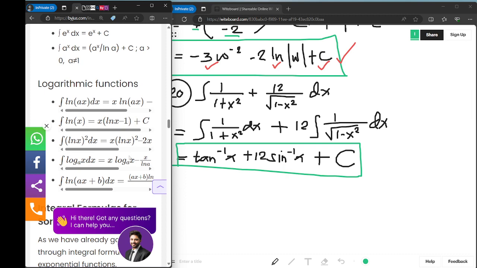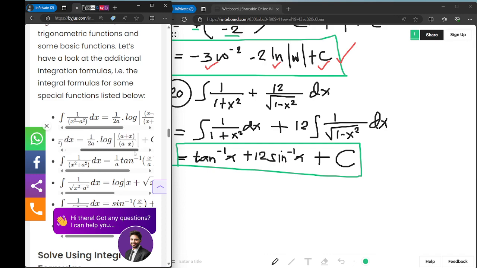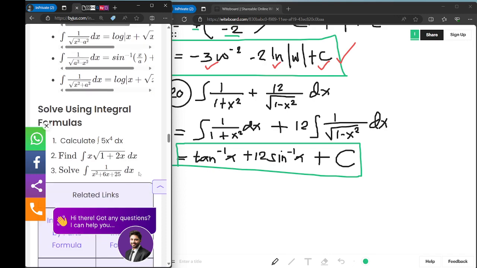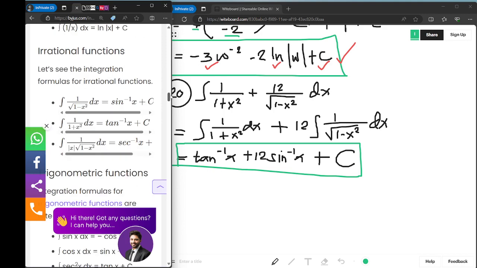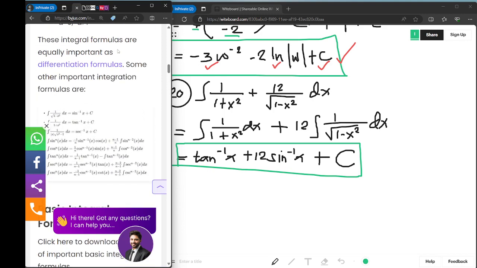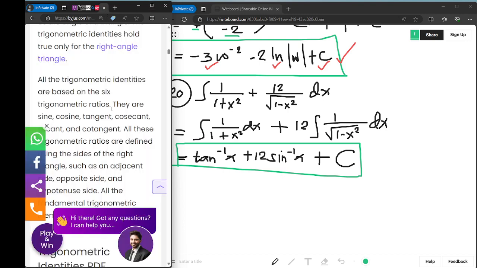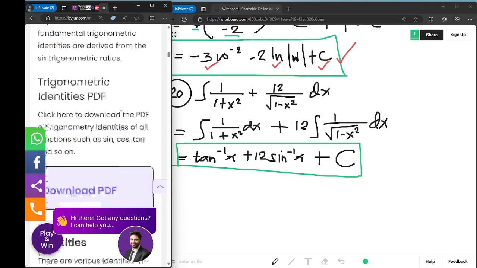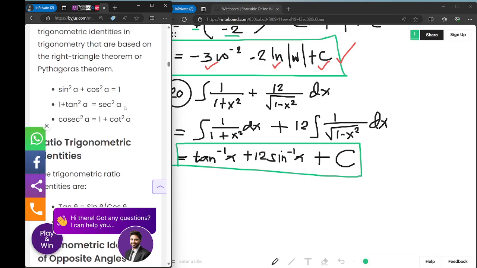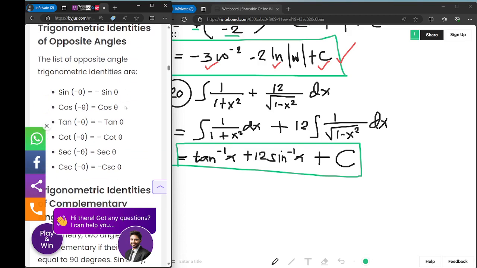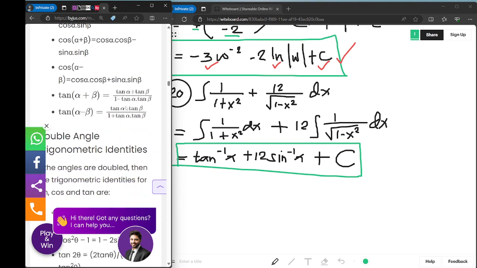Maybe there is an explanation for that, a separate solution, probably in the properties of inverse trigonometric identities. Let's check inverse or arc.